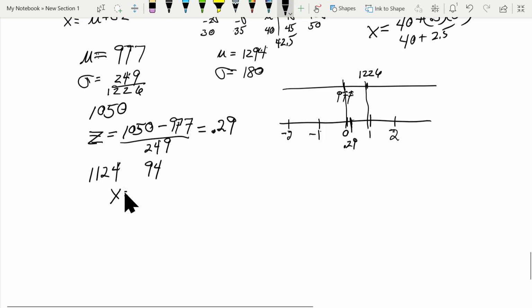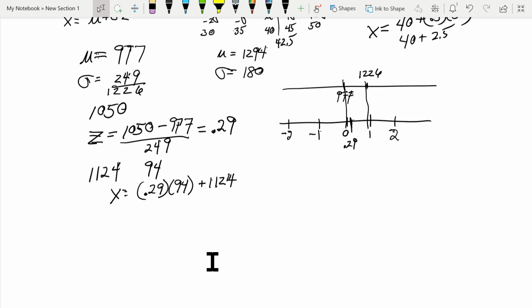Turn the formula around, and I get 0.29 times the 94 plus 1124, so that now I've got it on the scale of 1124 and 94.